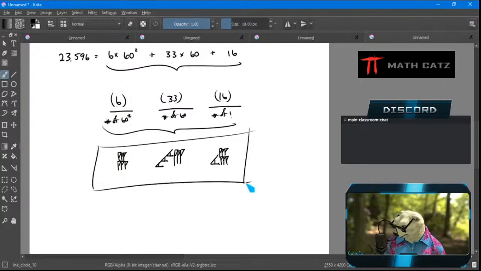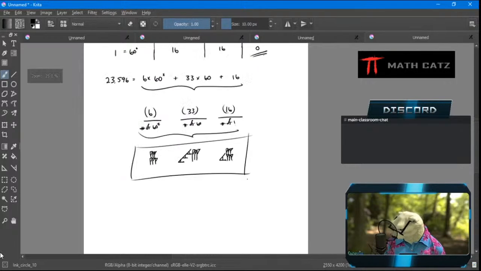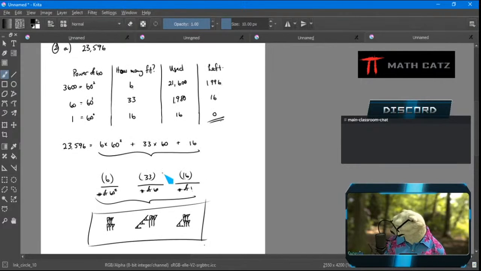And I am done. So this direction for the conversion, it has a little more to it, wouldn't you say?